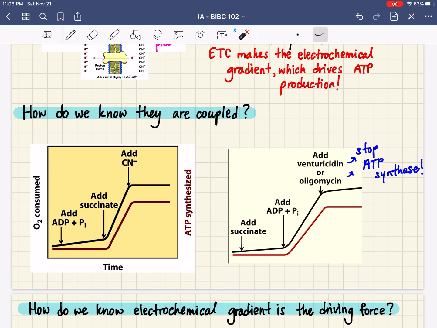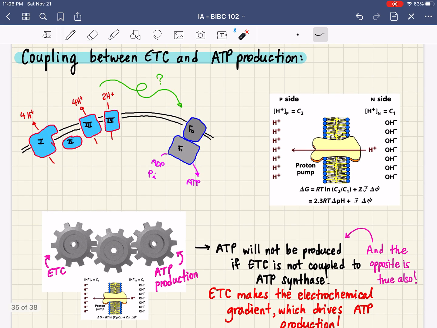It makes sense how oxygen consumption is stopped, but we see that ATP production is also stopped, which confirms that these two are coupled.